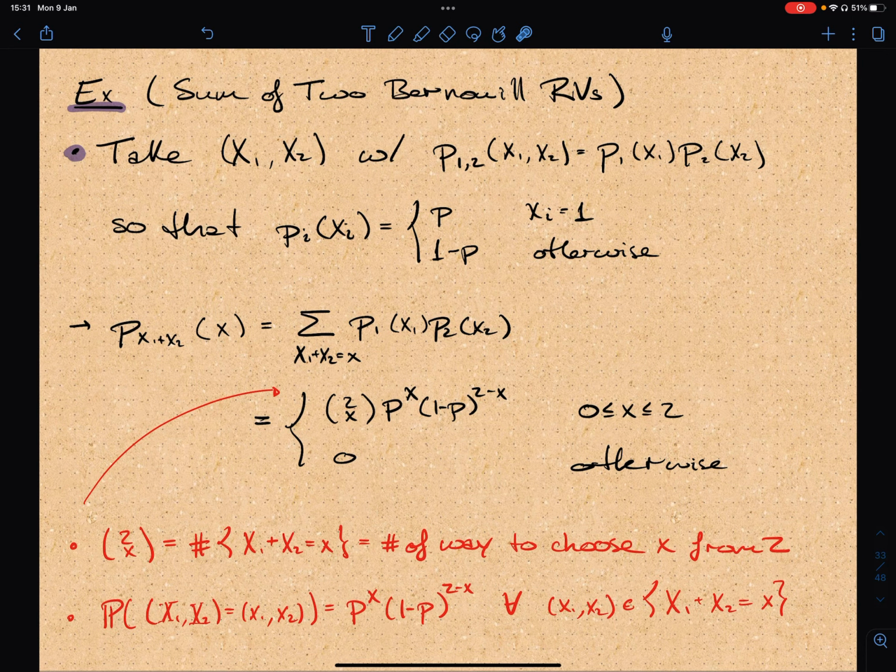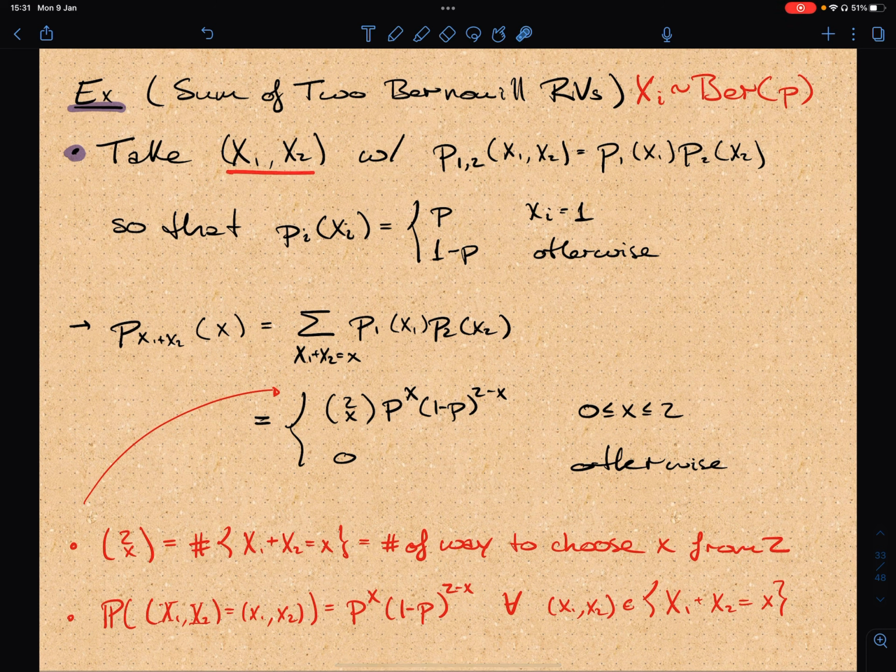Now let's look at a different example. Now, a more precise example where we actually take two Bernoulli random variables. So we have that xi is going to have distribution Bernoulli p.